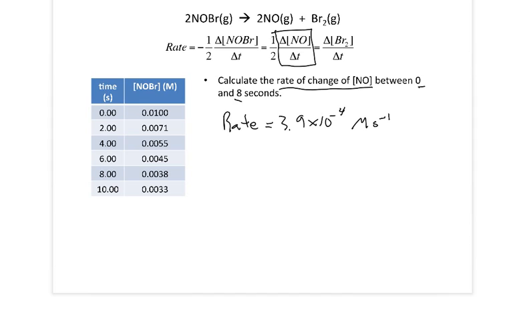And so I'm going to set now the rate equal to this 1/2 delta NO delta T. So I know that rate is equal to 1/2 change in NO with respect to time. So I can just plug in my numbers. I know that the rate over this time interval is 3.9 times 10 to the minus 4.